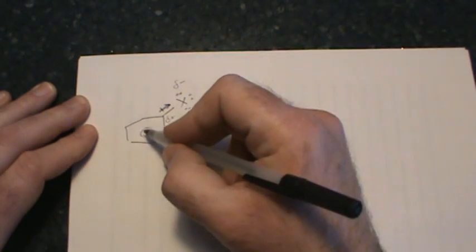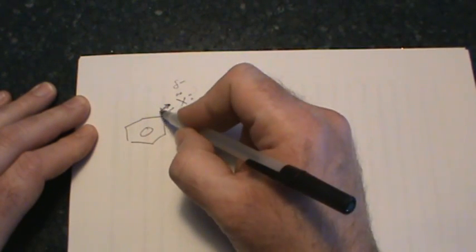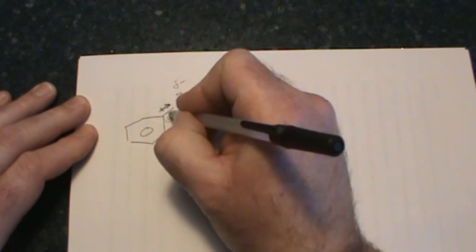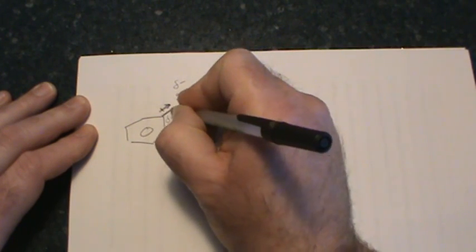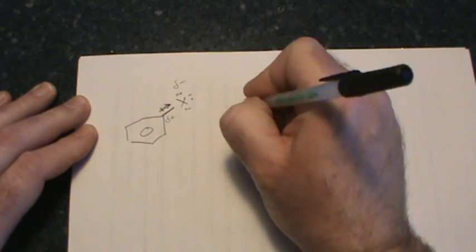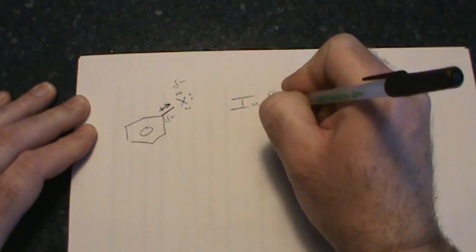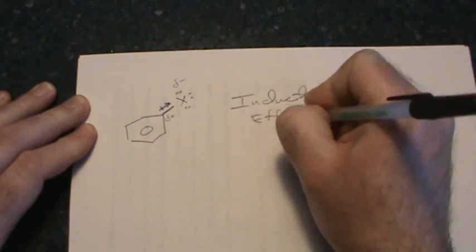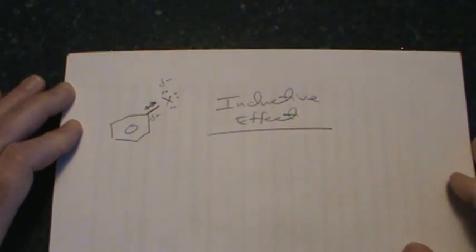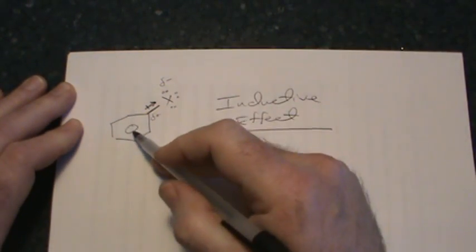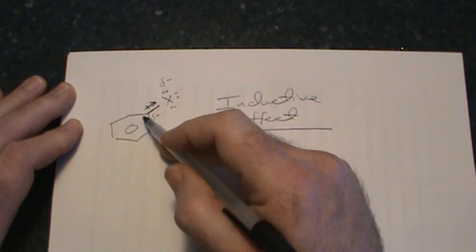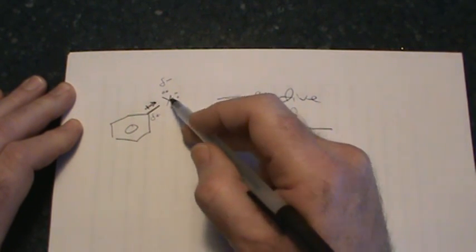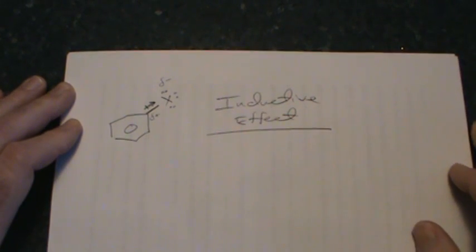When we pull electron density out of the ring through this inductive effect, it's inductive because the electron density is being pulled through a sigma bond. So the inductive effect is such that we're reducing the electron density in the ring. It's being pulled out toward the electronegative halogen.